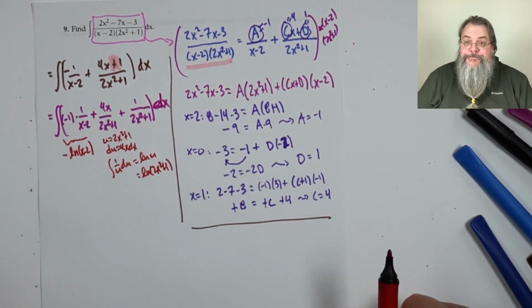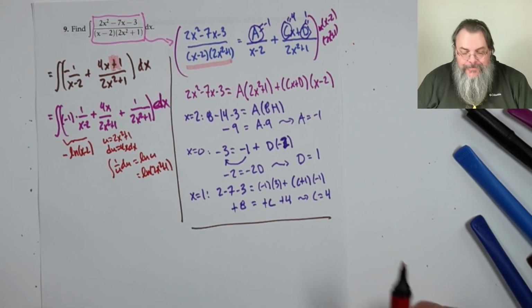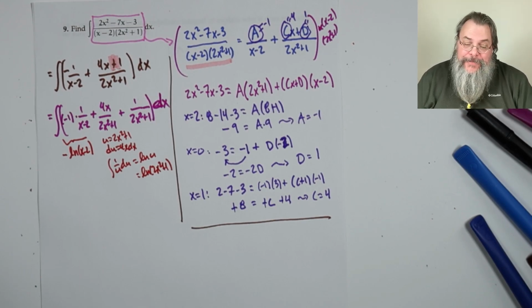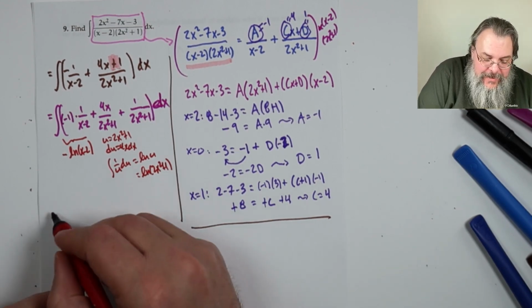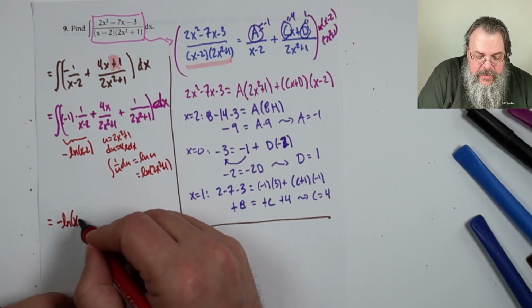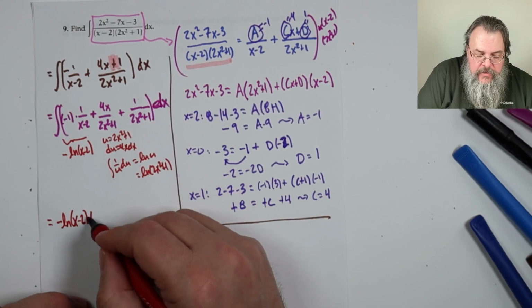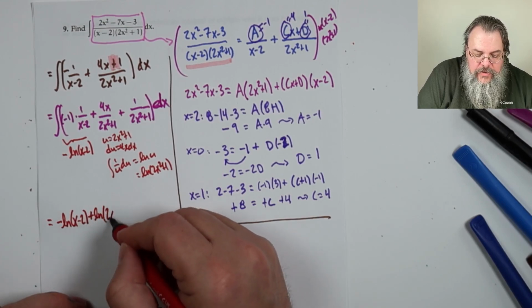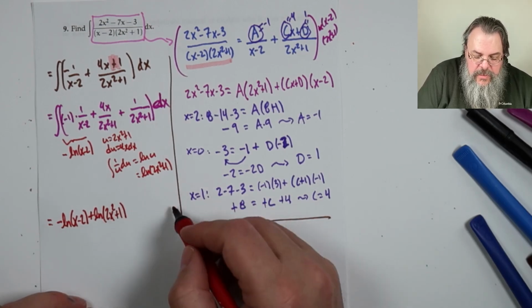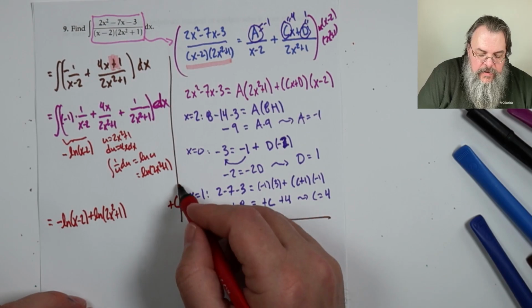That term, okay. We're going to have to spend a minute here. All right, so let's write down what we have. We have minus log of x minus 2 plus log of 2x squared plus 1 and something plus c.